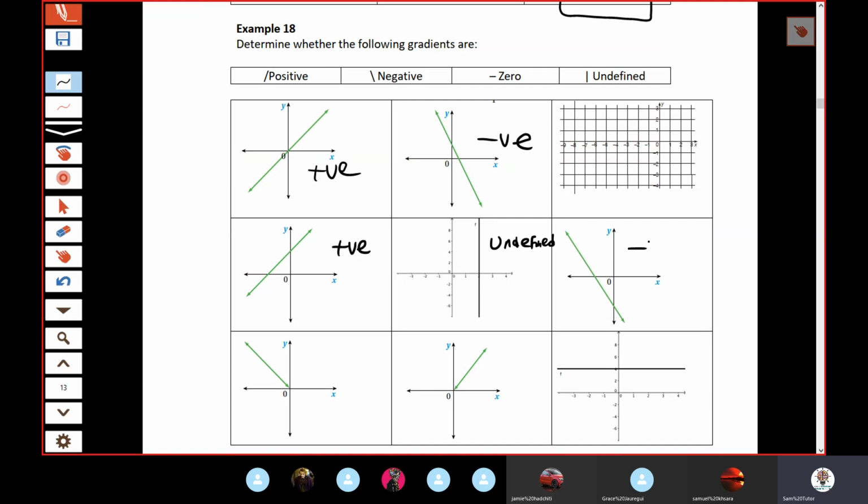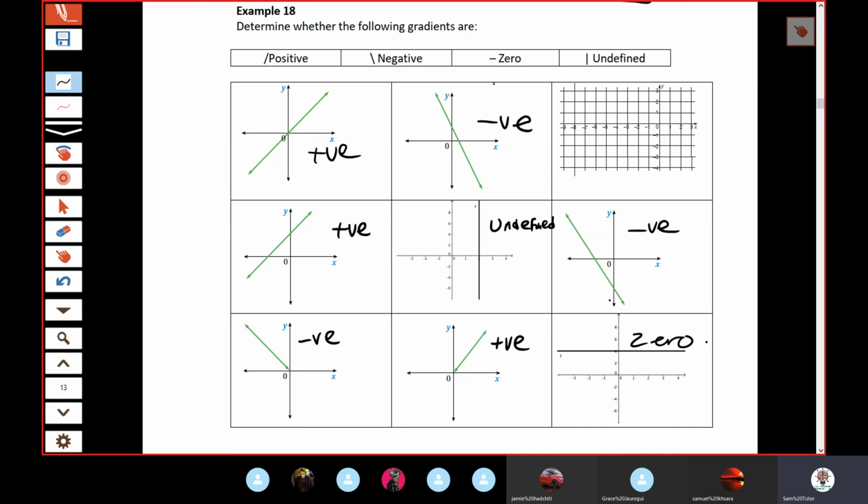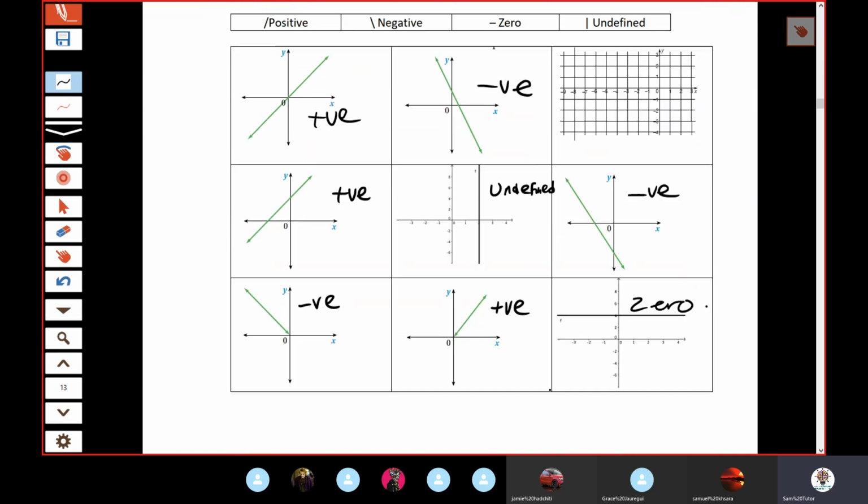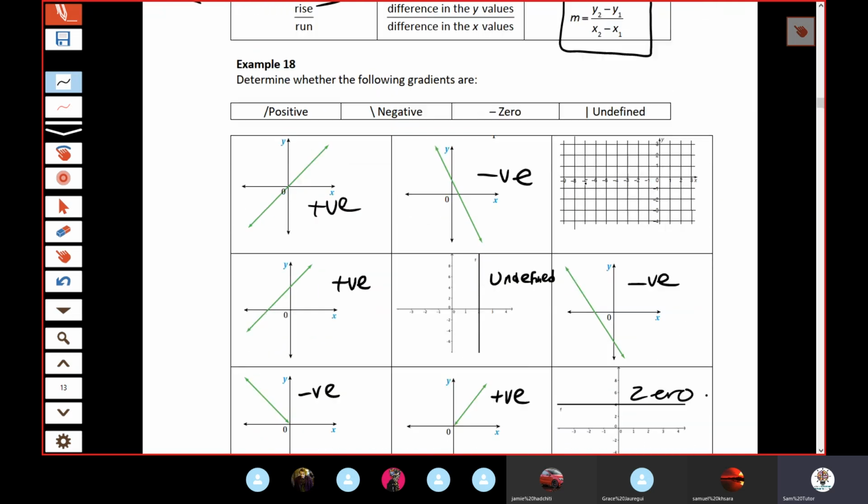Slope to the left, negative. Slope to the left, negative. Slope to the right, positive, and it's flat. Flat has zero gradient. All right, I think that's pretty easy. It's more the formula that you need to know.